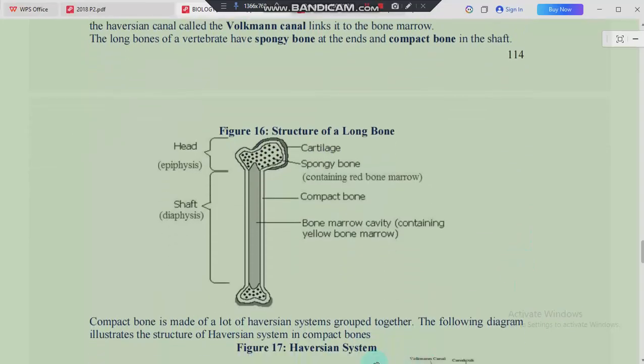So here is our bone, and this bone contains cartilage, and the spongy bone, and this spongy bone contains the red marrow, or the red bone marrow, and then we have the compact bone, and then we have the bone marrow cavity here, which contains the yellow bone marrow, and then this entire region is called the head or the epiphysis, and then this entire region going down from the head up to this side is known as the shaft or the diaphysis.